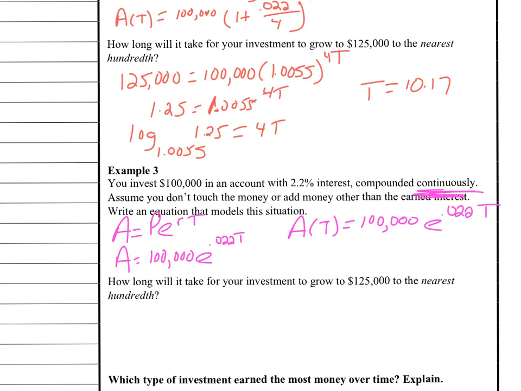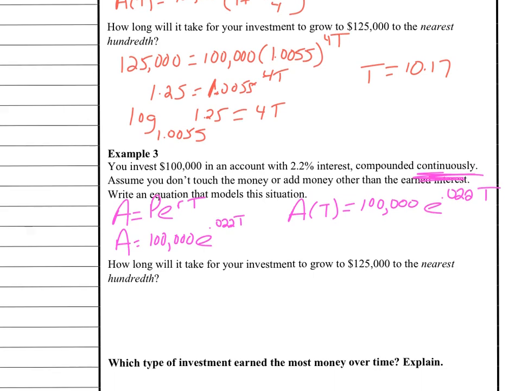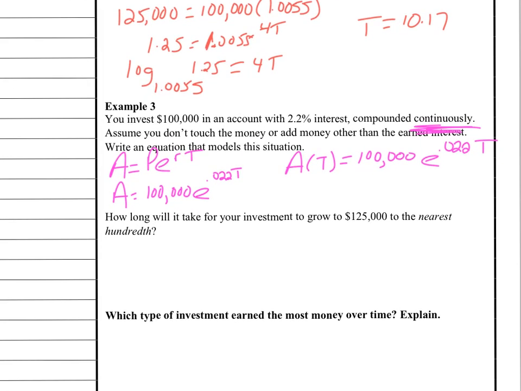So how long will it take for your investment to grow to 125? Solving this one pretty much the same way. So growing to 125, we're going to plug it in. So we have the 125 equals the 100,000 e to the 0.022t, divide by 100,000 gives us 1.25 equals e to the 0.022t.